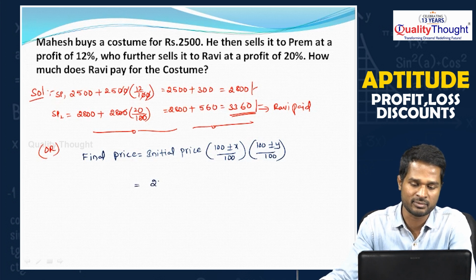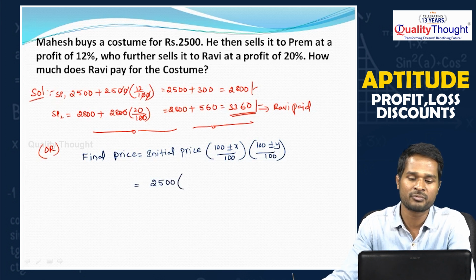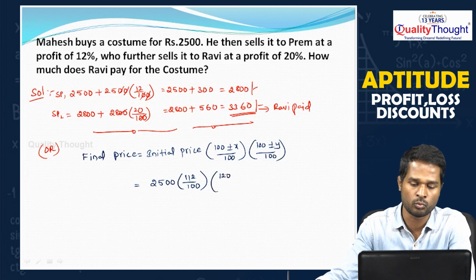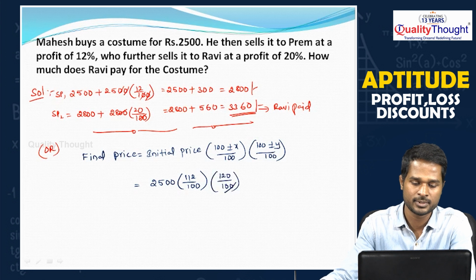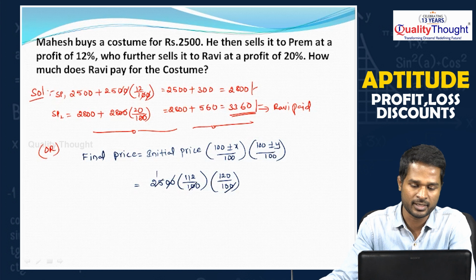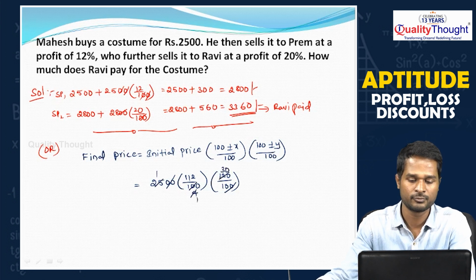Initial price was given as 2500. Originally at first it was a profit of 12. So, 100 plus 12 is 112 by 100. Next it was a profit of 20. So, 100 plus 20 is 120 by 100. Here 2 zeros will cancel, here 2 zeros will cancel. Next 25 ones are 25, 4s are 100, 1 is 4, 30s are 120.